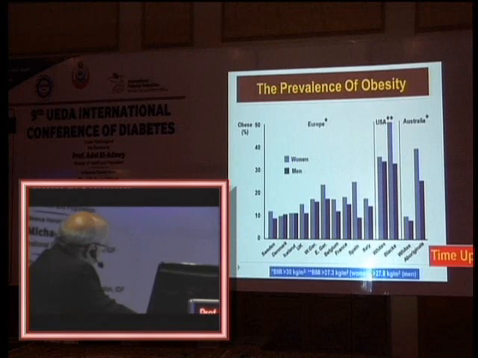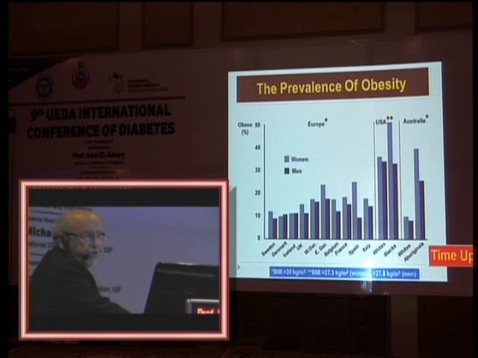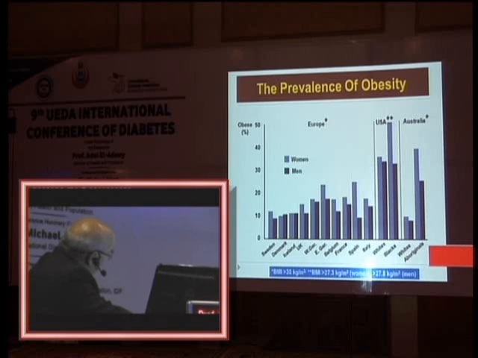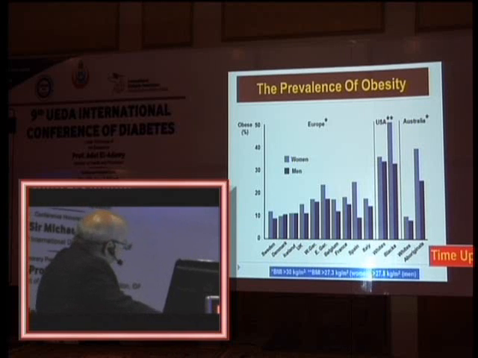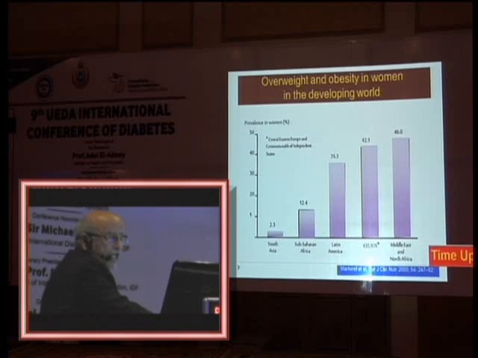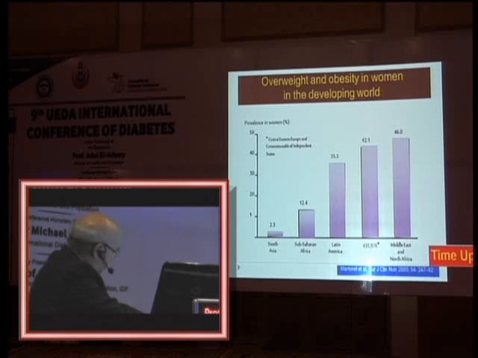The prevalence of obesity is high, as you see here in Europe, USA, and Australia. The highest is in the USA, both in black and white. In black it's more. And in Australia, it's higher too in Aborigines, the original indigenous population of Australia. And women in the developing world, here we are.